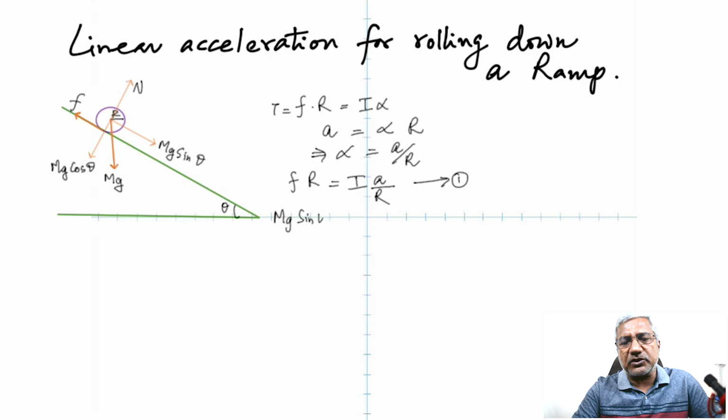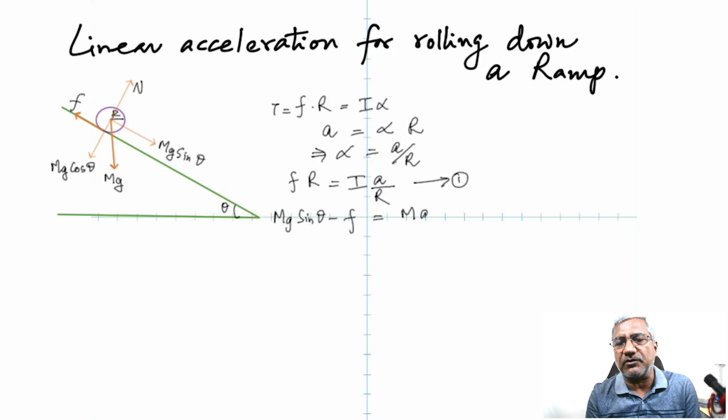Now let's focus on the forces. You have one force down the ramp, mg sine theta, and you have the other force, friction, exactly opposite. So when you take the net force, you're going to get mg sine theta minus F. And net force is always what?